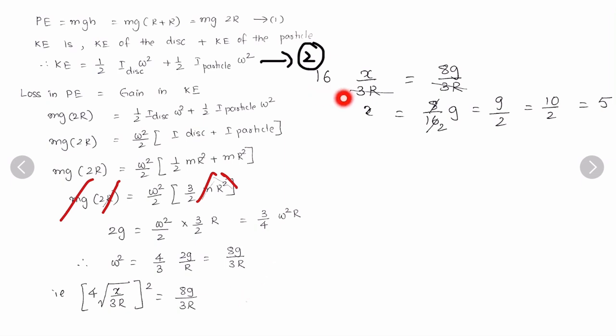That becomes 16x by 3r is equal to 8g by 3r. 3r gets cancelled. x is equal to 8g by 16, which is g by 2, where g they told us to take as 10. 10 by 2 is equal to 5. So finally the answer we got, x is equal to 5.